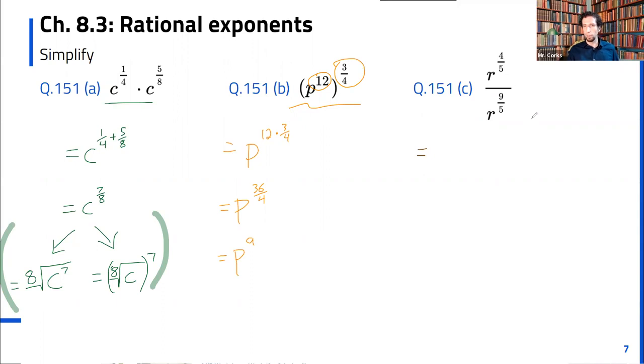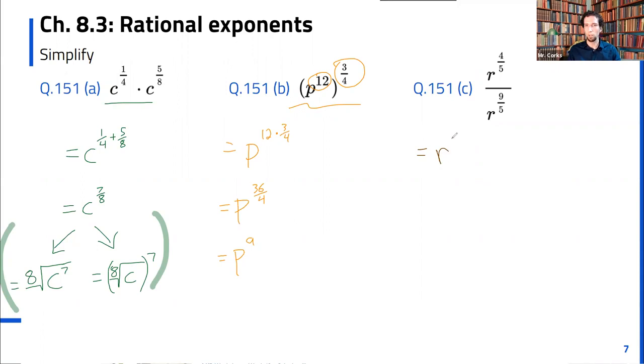The one on the right here. What's the first thing we would do? What's our first line? R exponent 4 over 5 minus 9 over 5. Okay, so we are dividing here. We have the same base, R and R, and we are dividing. So that means we are going to subtract the fractions from one another.